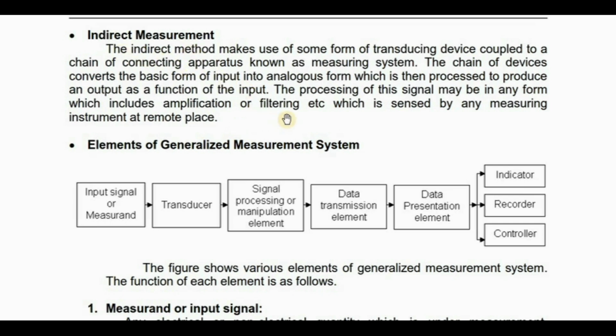So in case of indirect measurement, there is no involvement of a human being and no direct comparison. We use different transducing devices or a chain of connecting apparatus, which is known as a measuring system. First, whatever parameter you are going to measure, you convert into an electrical signal. Then that electrical signal is given to various apparatus, where you can amplify, filter, etc. And then that electrical signal is converted again into the basic form of that parameter.